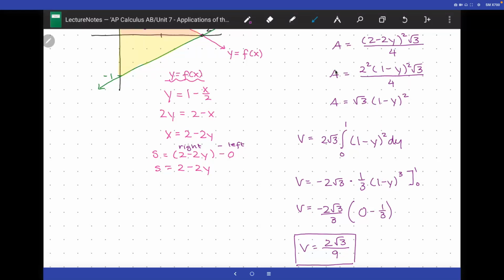Yes, Trey? Say that again? You multiply by the 1/3 on the 2, 3, but also on the 1 side. Oh! Where'd I get that 1/3 from?